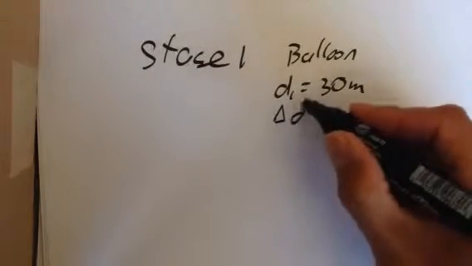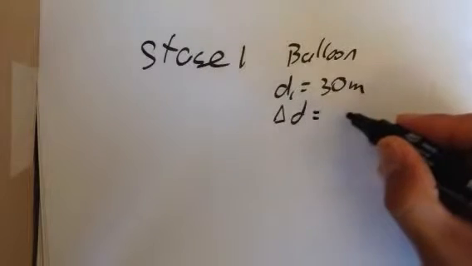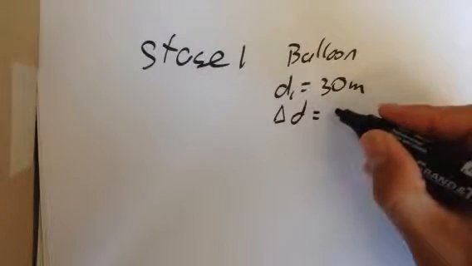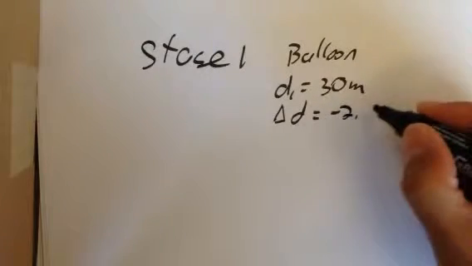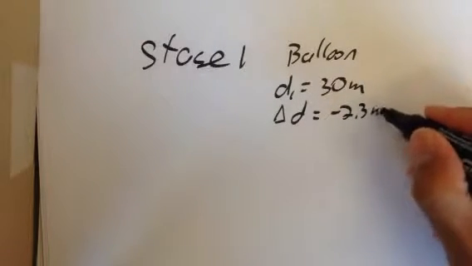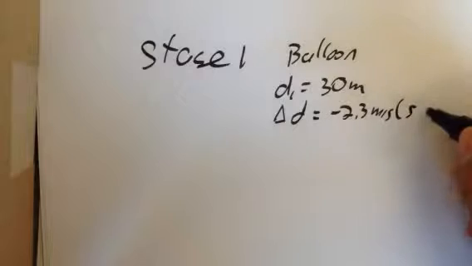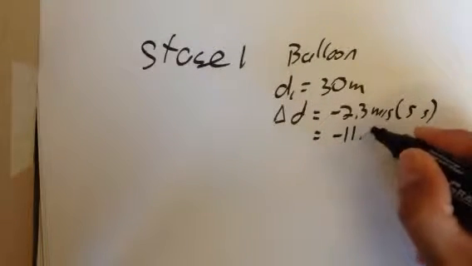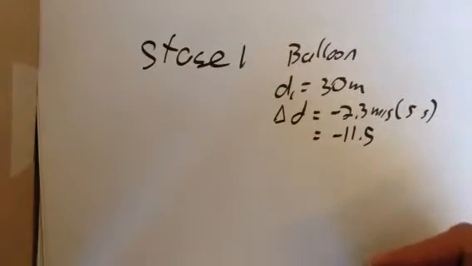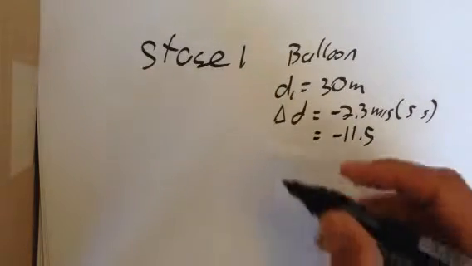It has a displacement of velocity times time, because it's constant velocity, so minus 2.3 meters per second times 5 seconds. So that's minus 11.5 meters.